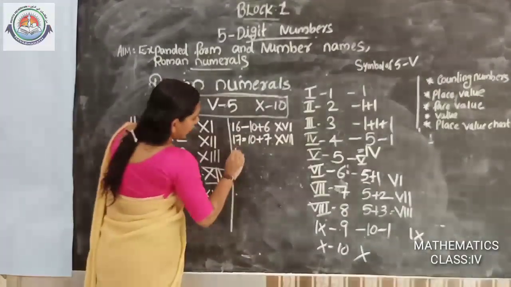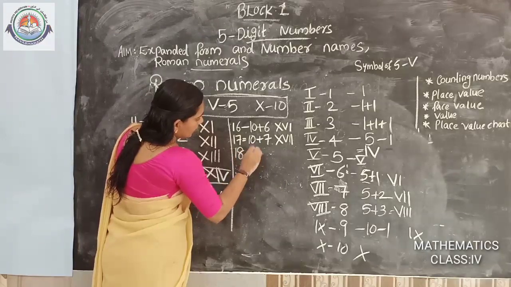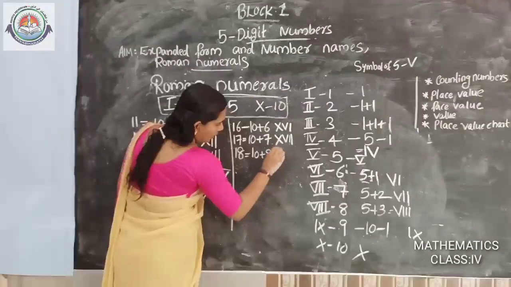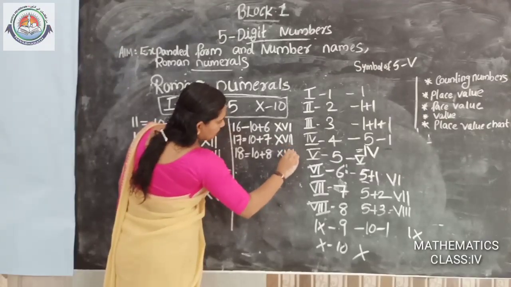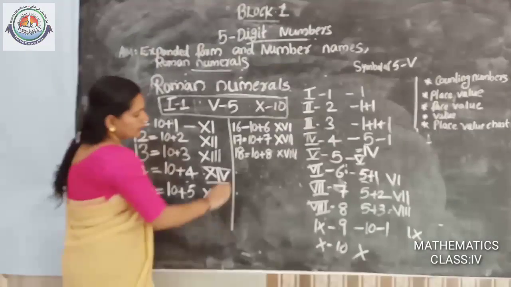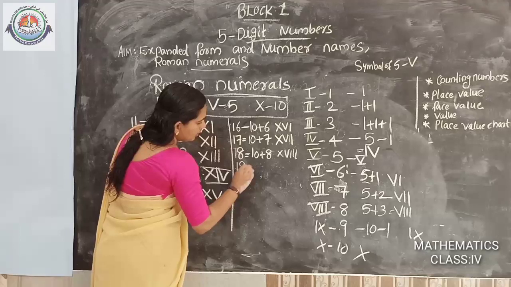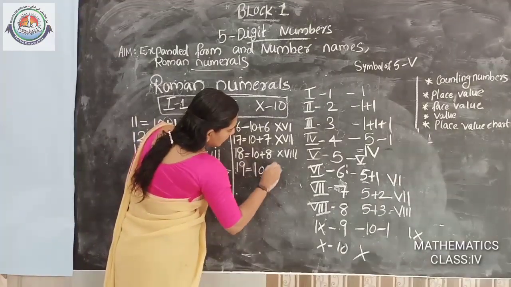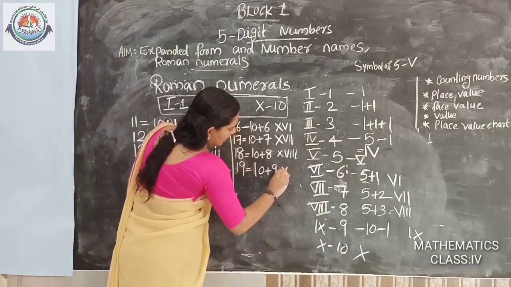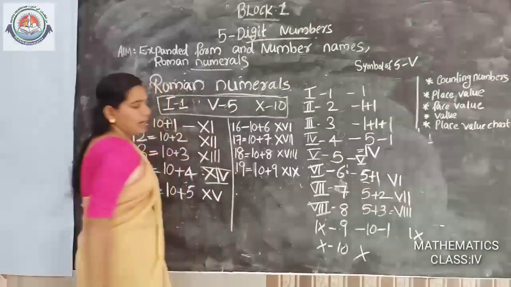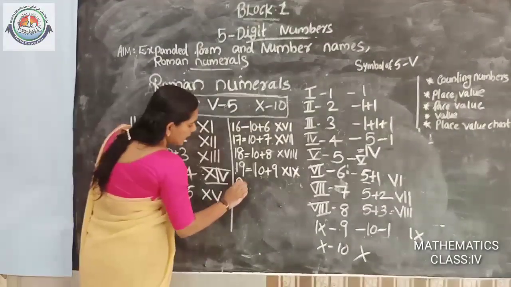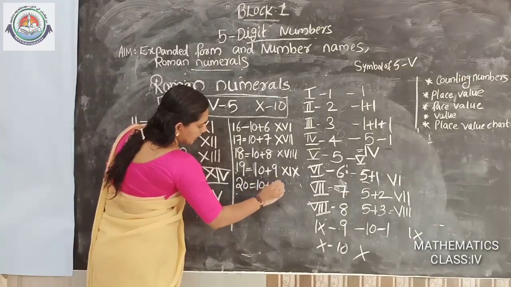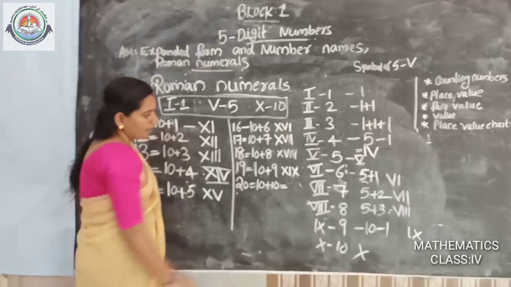Okay. 18. 10 plus 8. Symbol of 10 and symbol of 8. 19. 10 plus 9. Symbol of 10 plus symbol of 9. Then 20. How do we write 20? 10 plus 10.